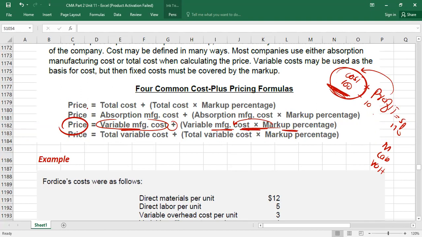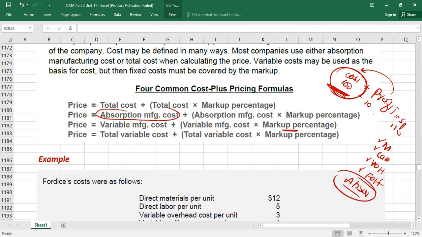Understood? And if the company is using absorption costing, a product usually includes cost of material, cost of labor, cost of variable overhead, and cost of fixed production overhead. This is called absorption cost. So you first take the absorption manufacturing cost, which includes material cost, labor cost, variable overhead cost, and fixed overhead cost. Add all these, and this is called absorption cost.